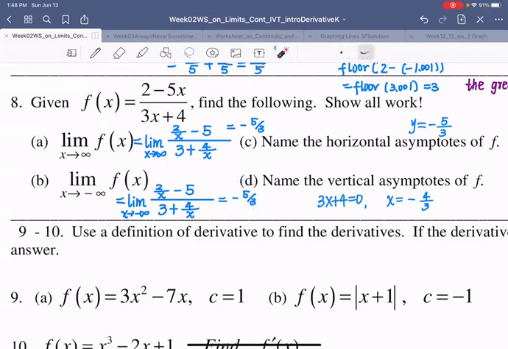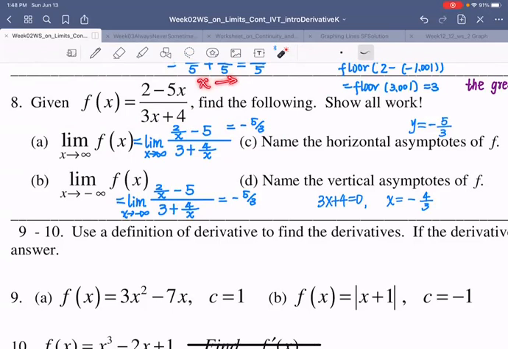And actually, this is a horizontal asymptote, correct? This is those rational graphing. Remember when we used to draw this rational function by hand? We want to figure out the vertical asymptote and the horizontal asymptote.